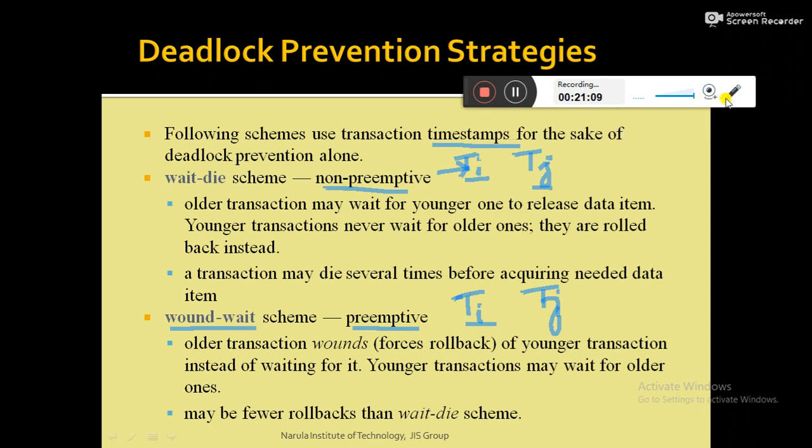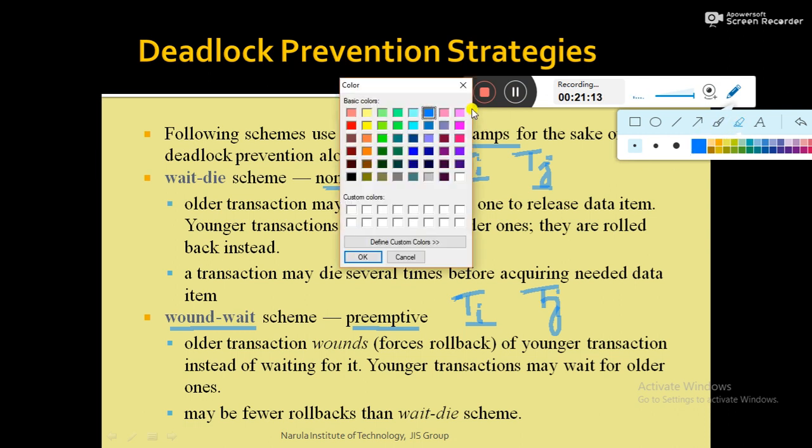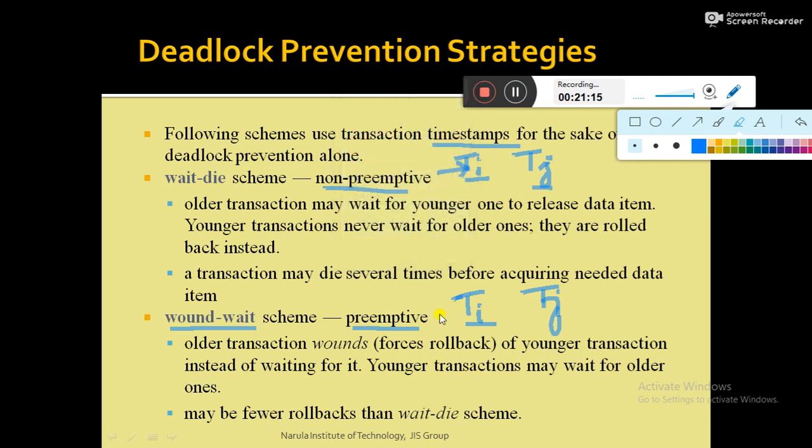If transaction Ti is older, means the timestamp of Ti is smaller than that of Tj, that means Ti is older. So if Ti is the older transaction than Tj, then the system will roll back transaction Tj. That means we can say that Tj is wounded by transaction Ti.